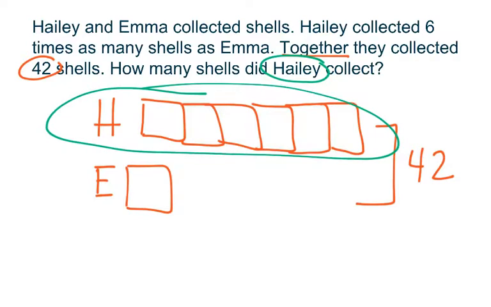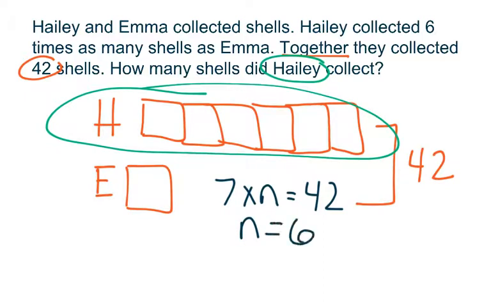Now to solve this problem, I'm going to first have to solve for my variable, or what goes in each of my boxes. When I count all of my boxes, I have a total of 7. So 7 times n is going to equal my 42. When I think about my multiplication facts, n is equal to 6. And then I'd put 6 in all of my boxes.